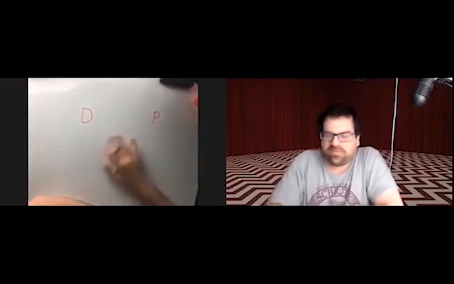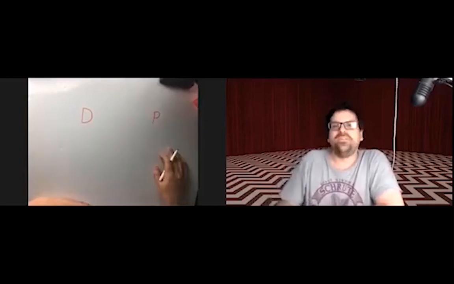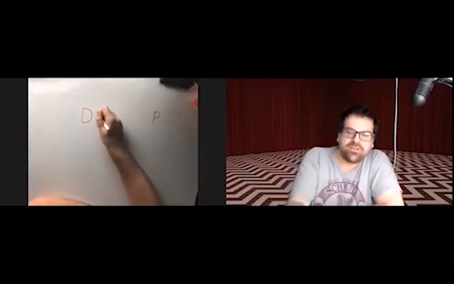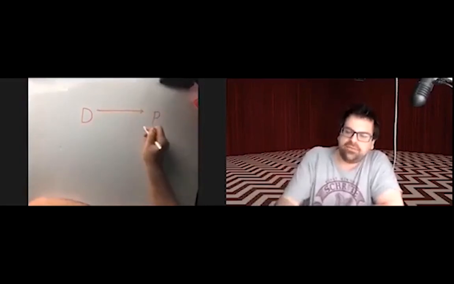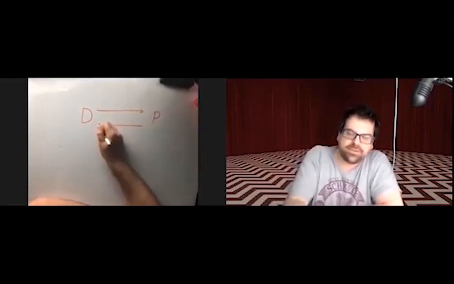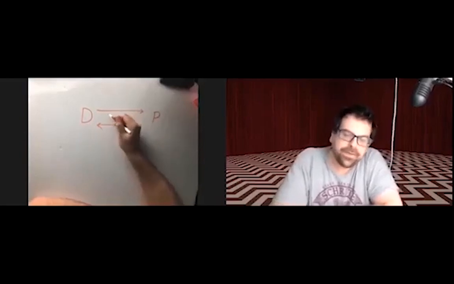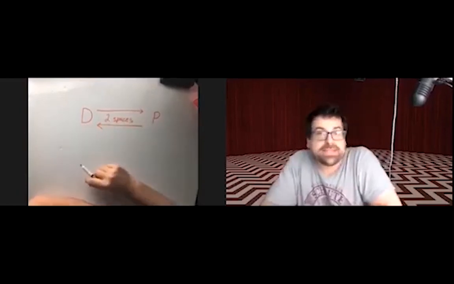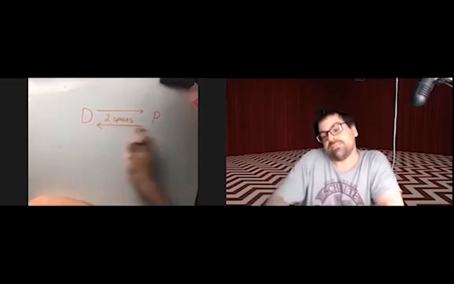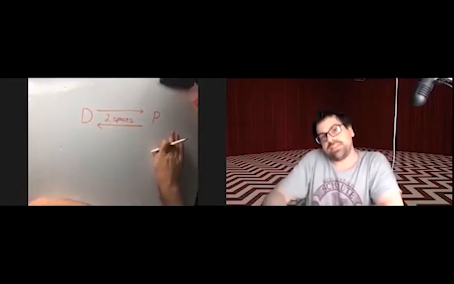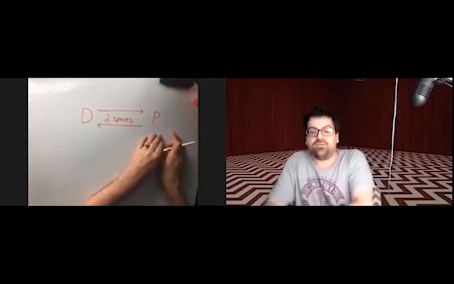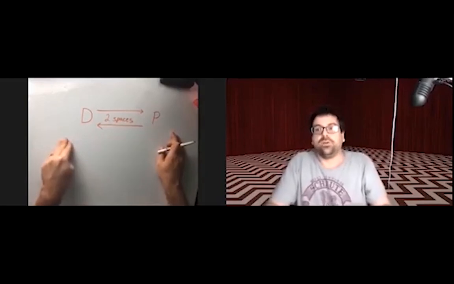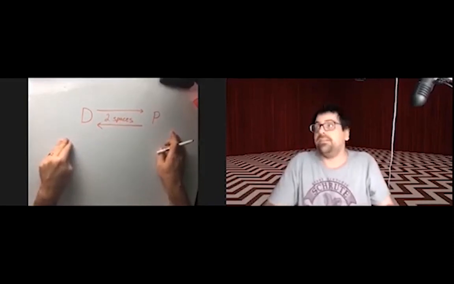Remembering the alphabetical order of decimal and percent is going to help us convert back and forth between decimal and percent. We're always going to do that by moving the decimal point 2 spaces. To go from decimal to percent, we'll move it 2 spaces to the right. To go from percent to decimal, we'll go 2 spaces to the left.